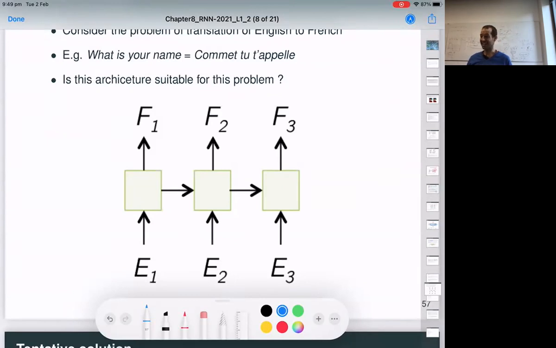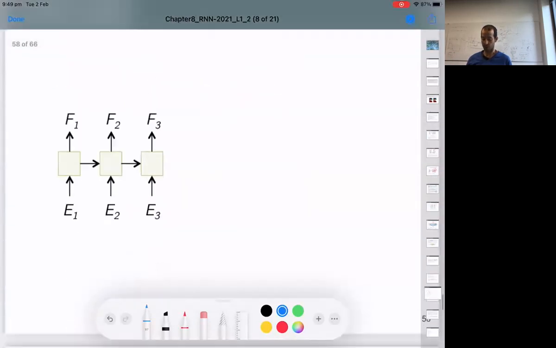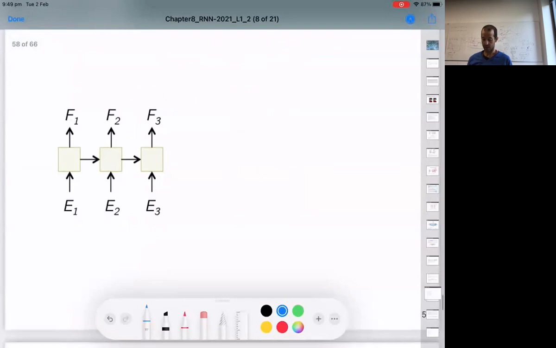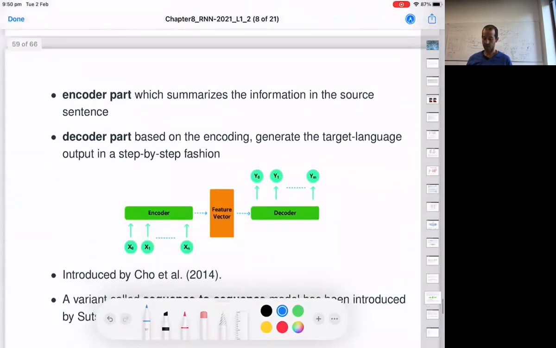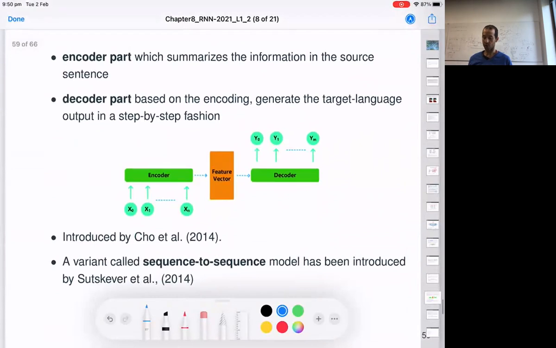Before translating, you need to see the entire sentence, and after you translate. So a better architecture should be something like this: I will go there, and I will feed this into this one. Okay? This will be the good architecture. Yes, good point. Okay, so this is the way of the encoder decoder.